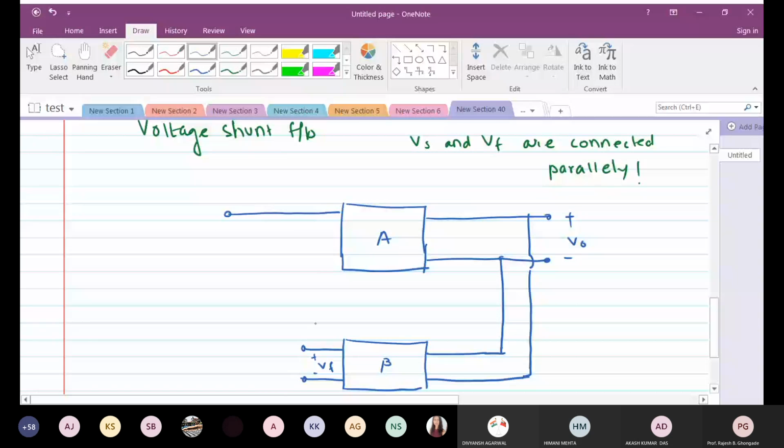So what may be the other variety? One is parallel, the other will be series. Correct.